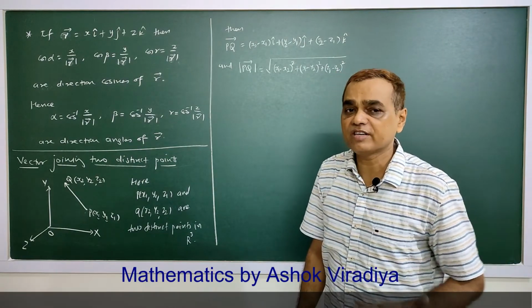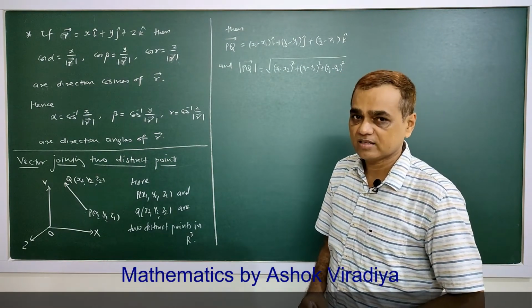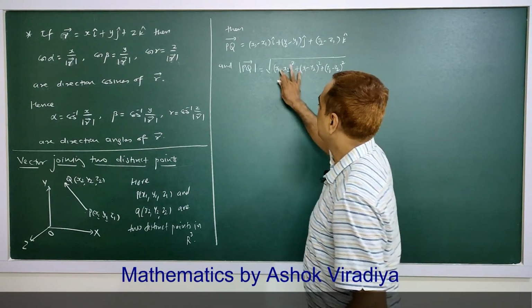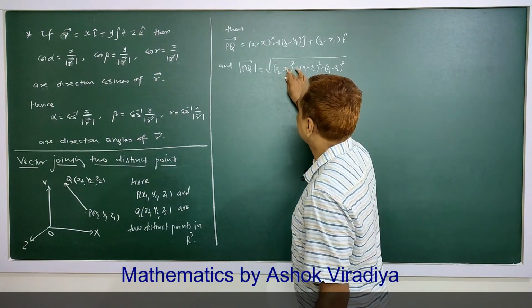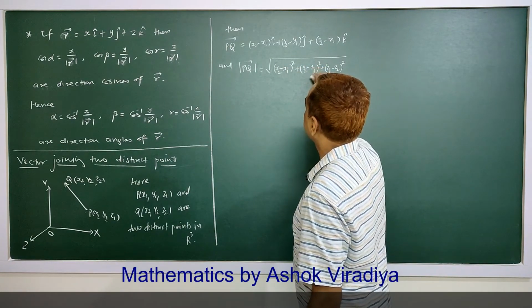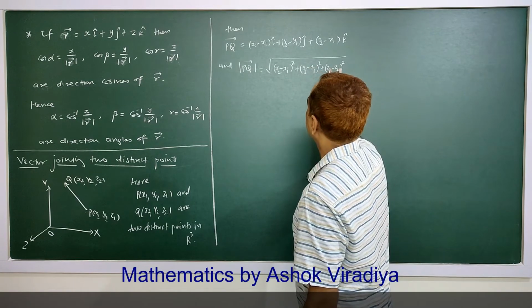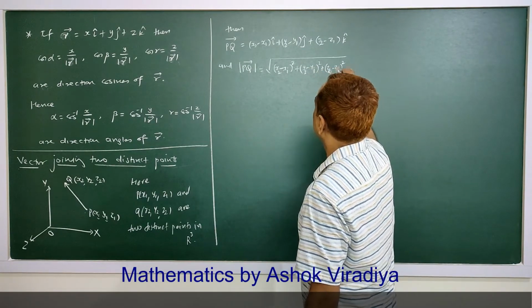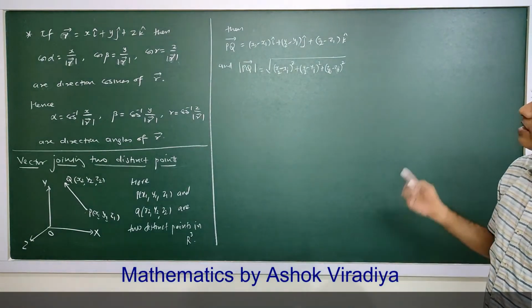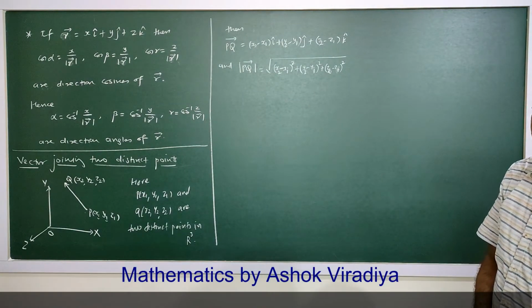We can change the order of the difference because of the square; sign changes, but the value remains unchanged. Or simply we can also keep it as it is, x2 minus x1, y2 minus y1, z2 minus z1. Keep as it is, no problem. So that is the magnitude of vector PQ.